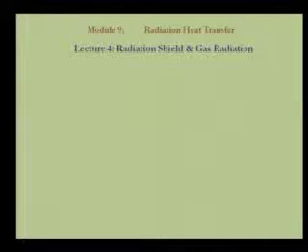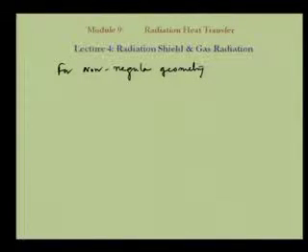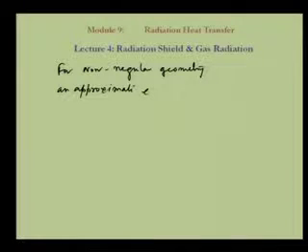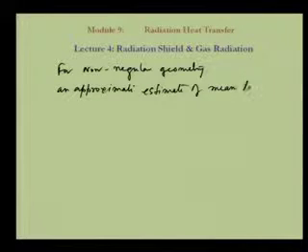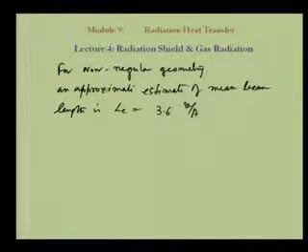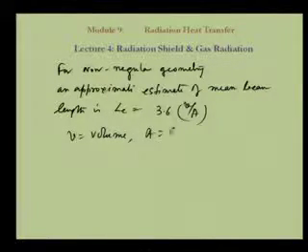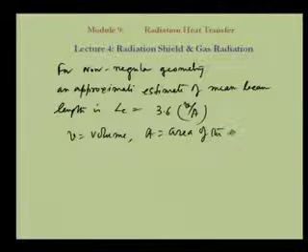However, for non regular geometry an approximate estimate of mean beam length is L equal to 3.6 V by A, where V is the volume and A is the area of the enclosure.